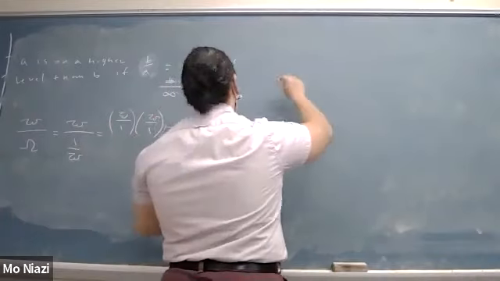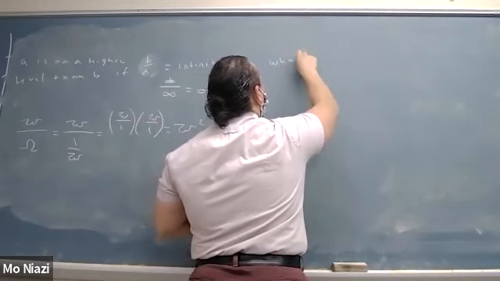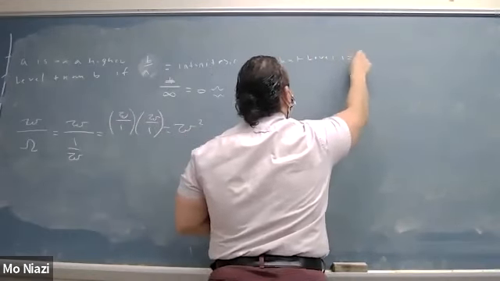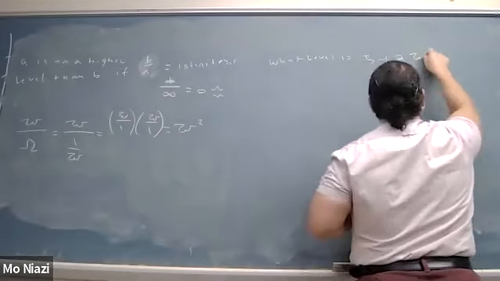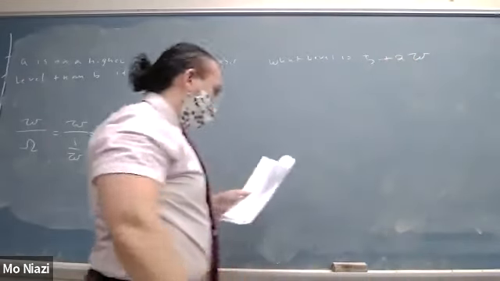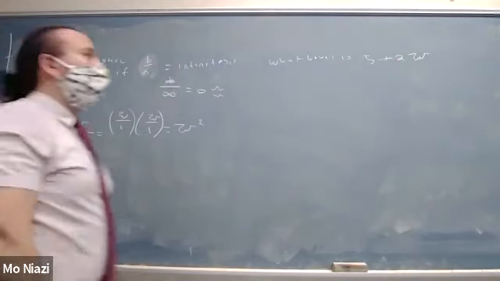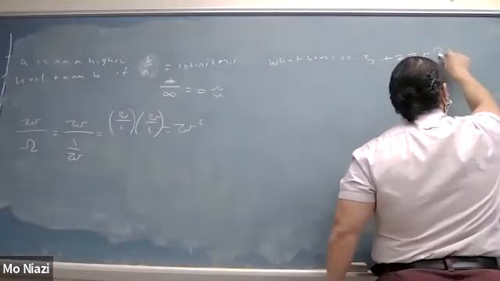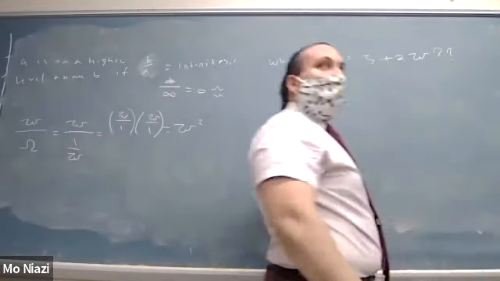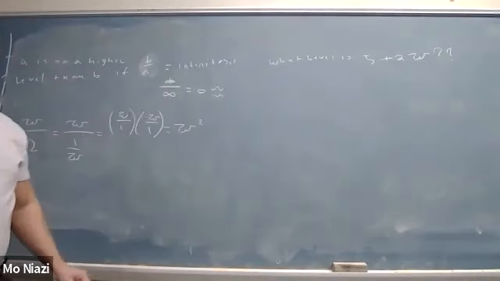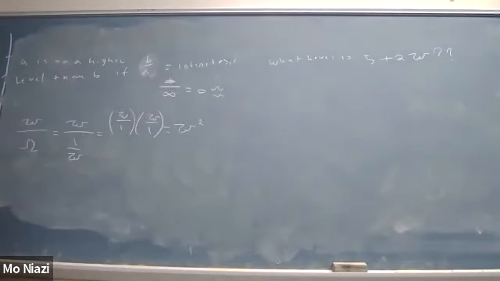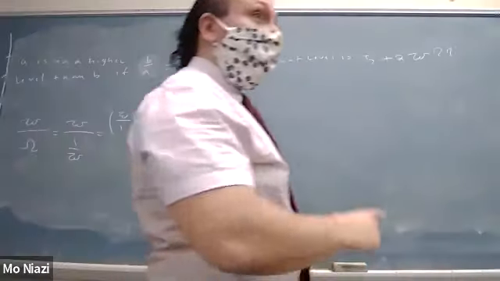What level is 5 plus 2 omega? Under the real numbers, what level will it be? I'm not asking you what level is 5.